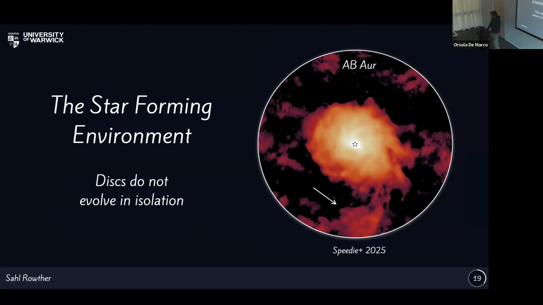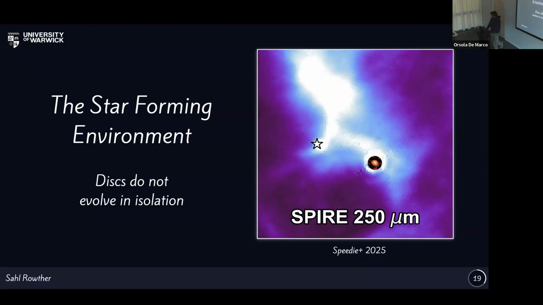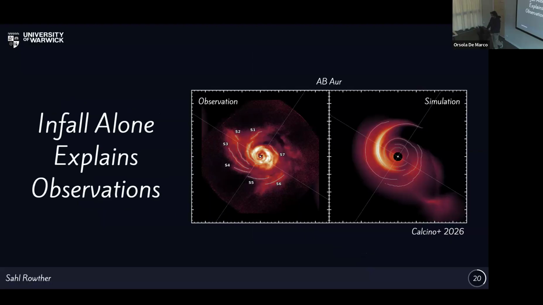And in recent years, we have started to understand that infall is quite important in understanding what's happening in observations, as we see that disks don't evolve in isolation. The star-forming environment is quite important, as you can see here with this disk moving in the environment. And as I saw earlier from George, infall alone can also explain these spiral arms that you see in some observations.